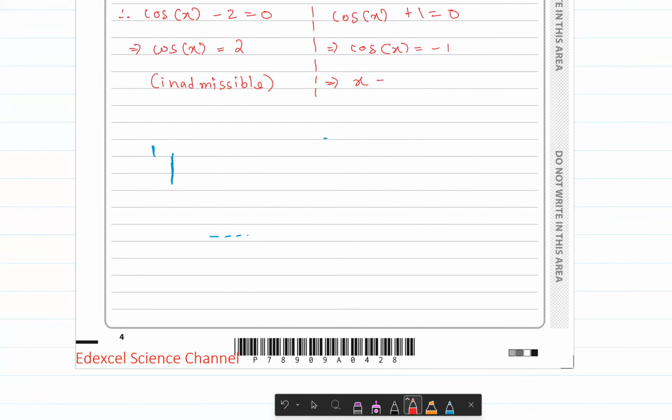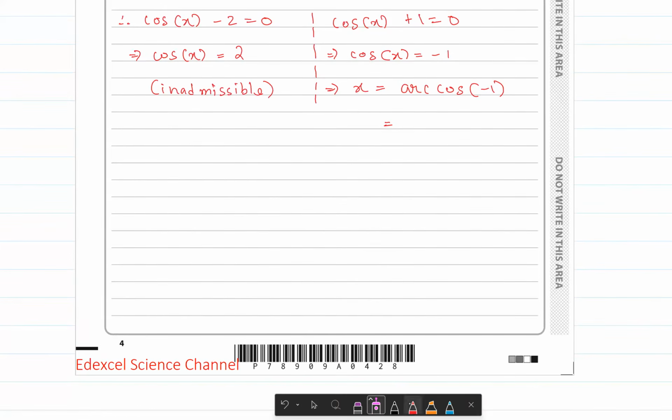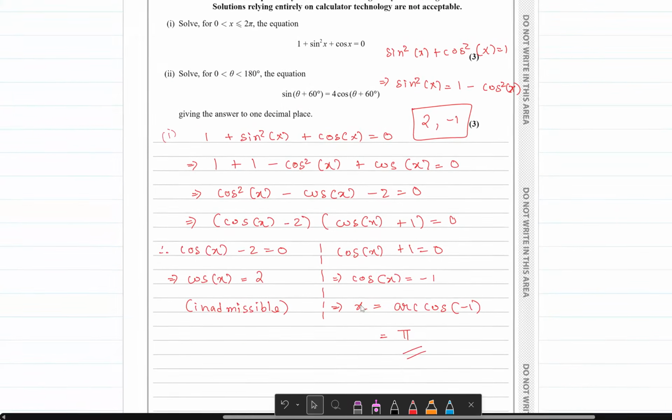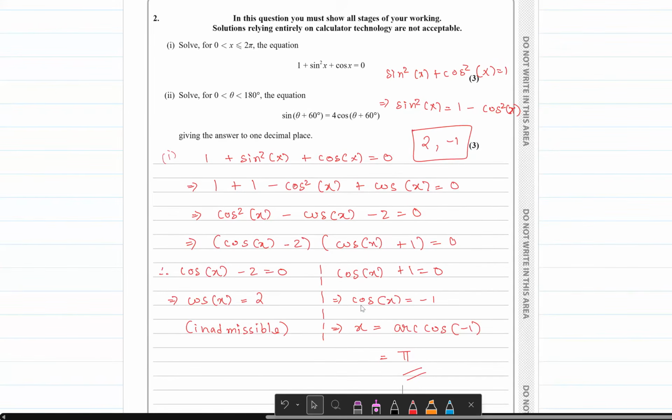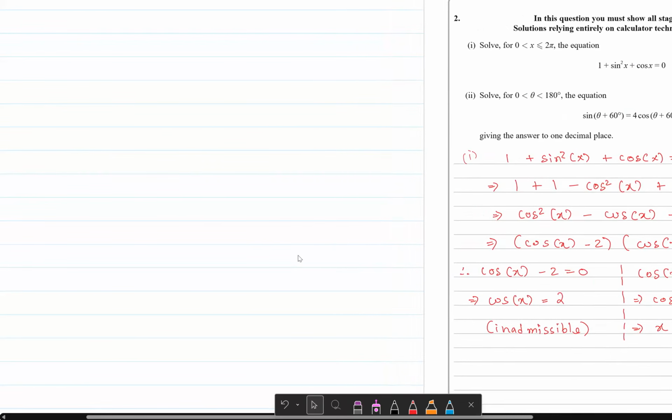So x becomes arccos of negative 1, which if you use your calculator, and also guys, you have to ensure that your calculator is in radians because the domain over here is given in radians, I will get π, and that is the only solution for this part. I hope that it is clear. Now we can move on to the next part.